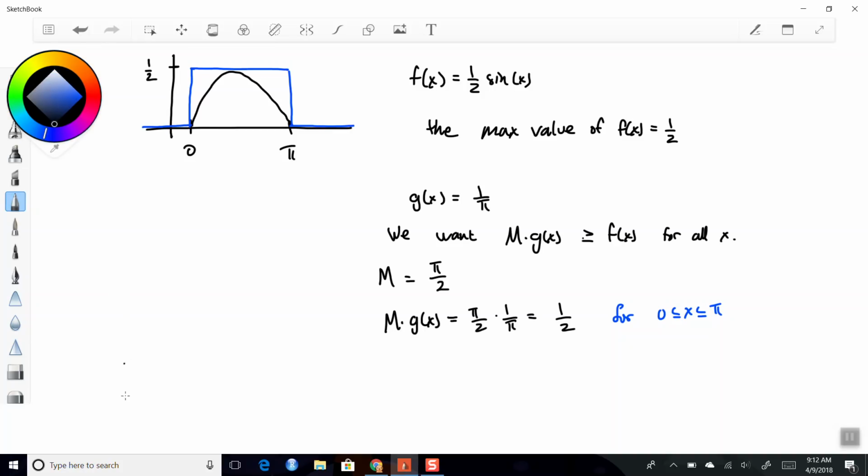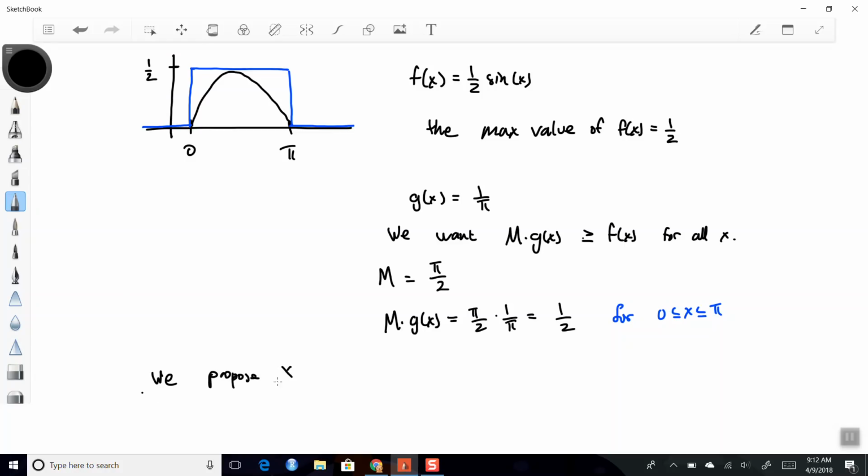Okay, and great. So what we do is we propose x by sampling from g of x, or in this case, uniform 0 to pi.